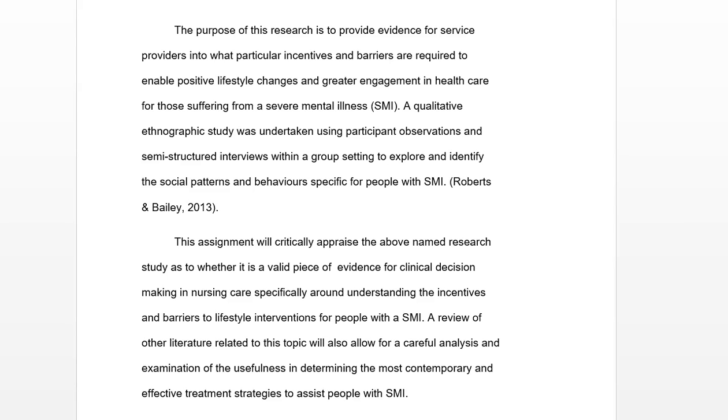The purpose of doing a critique is to determine whether the study has been undertaken in a rigorous and robust manner and has followed an appropriate research methodology, that they have come up with an appropriate set of results or findings for the topic, and that there is a way in which it could be implemented.